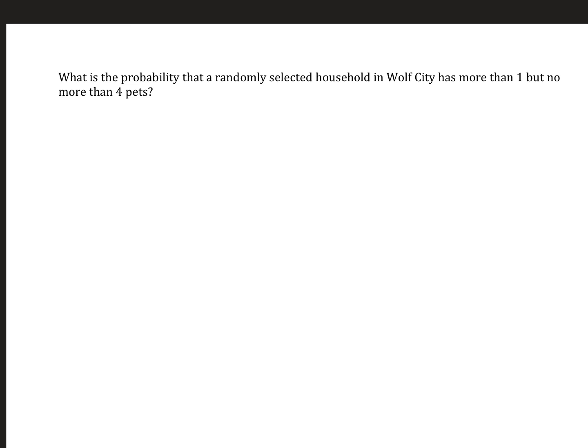Last question, we want to find the probability that we have more than 1. So we're not allowed to equal 1. But no more than 4. No more than 4 means less than or equal to 4. Again, it's important that you read the wording. We are not allowed to equal 1 because it says more than 1.